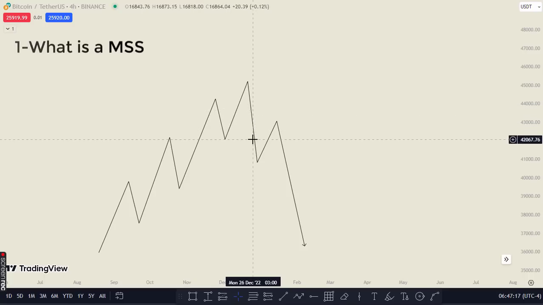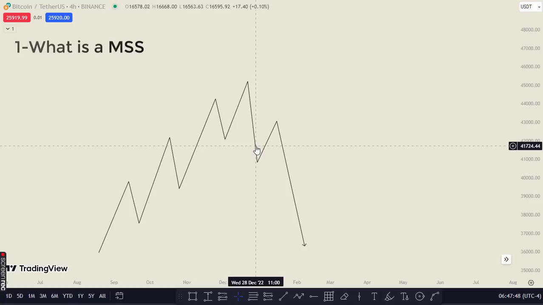Now, why do we need to see fair value gaps on this displacement leg? Fair value gaps are inefficiencies, meaning that the market makers on this move right here offered only sell side liquidity. So we have an imbalance in price. We need to offer buy side liquidity. So when price offers only sell side liquidity, you know that this is an energetic movement.